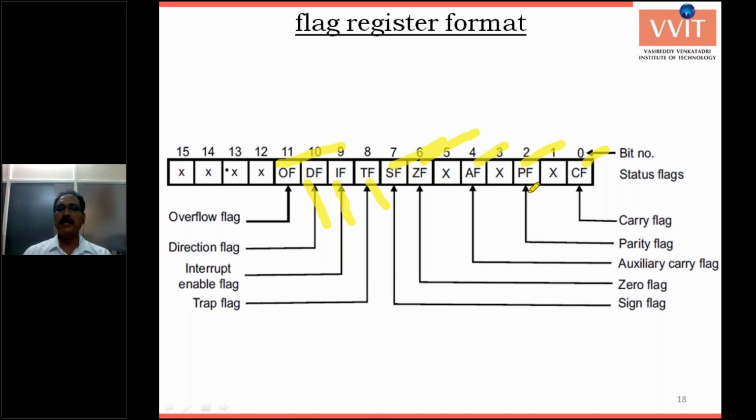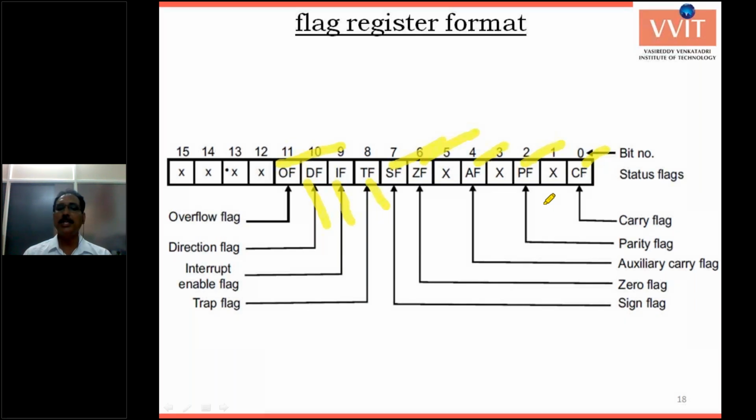If there is an odd number of ones in the result, PF is 1, so that including the parity bit, the total number of ones is even. The 8086 and all Intel versions support even parity.